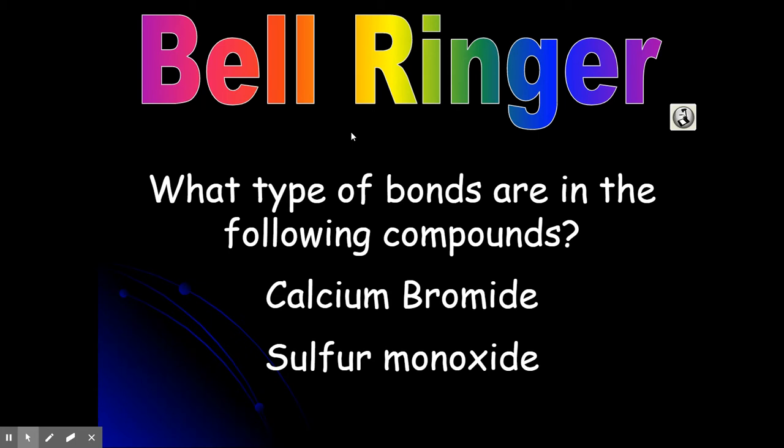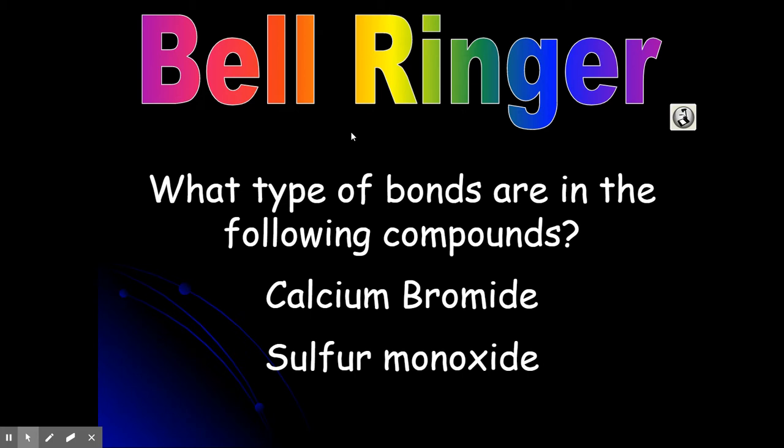Bromine's electronegativity is, where's bromine? Bromine is 3. So 3 minus 1 is 2. So that means it's got a difference of 2.0, which means it's an ionic bond, or an ionic compound.